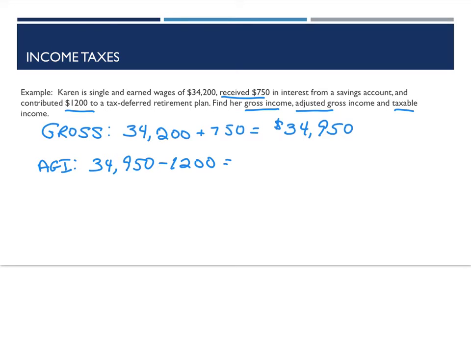If I didn't have that, her adjusted gross income would just stay the same as her gross income. Since she did contribute to an IRA, I'm going to subtract that $1,200 off. And her adjusted gross income is now $33,750.